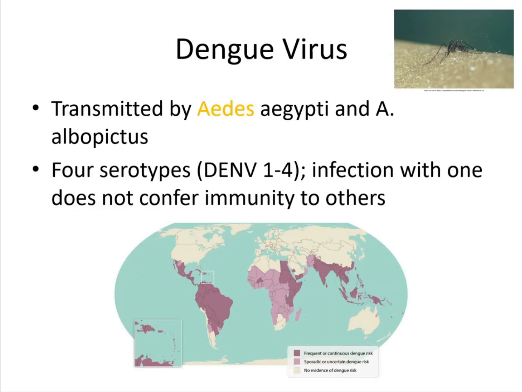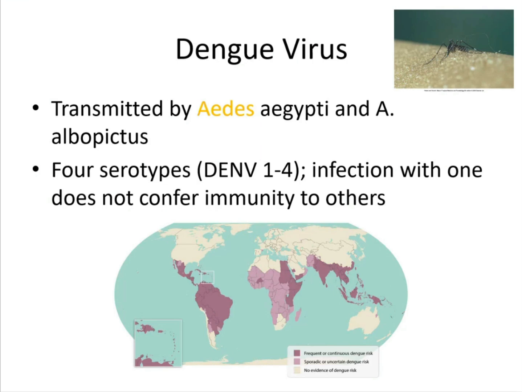So first off, dengue virus, transmitted by the Aedes species, more commonly Aedes aegypti. There are 4 serotypes, 1 through 4. Infection by one, as we learned, does not confer immunity to others.